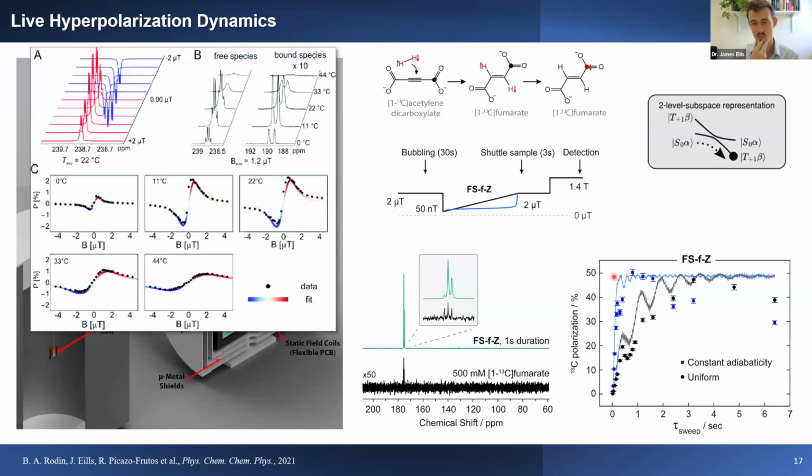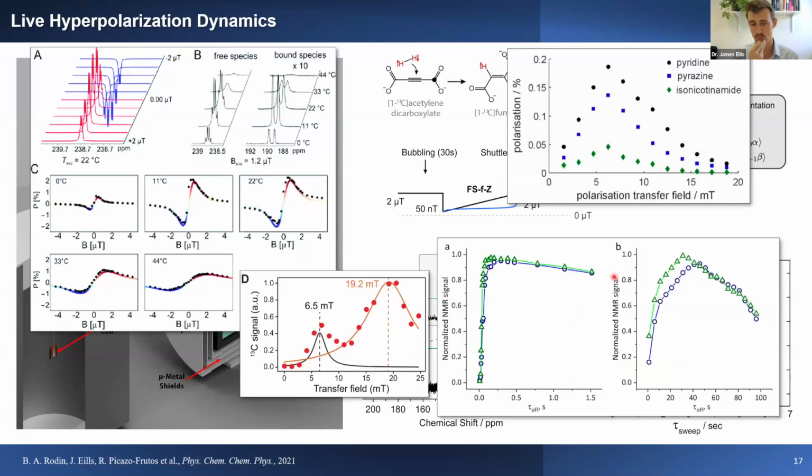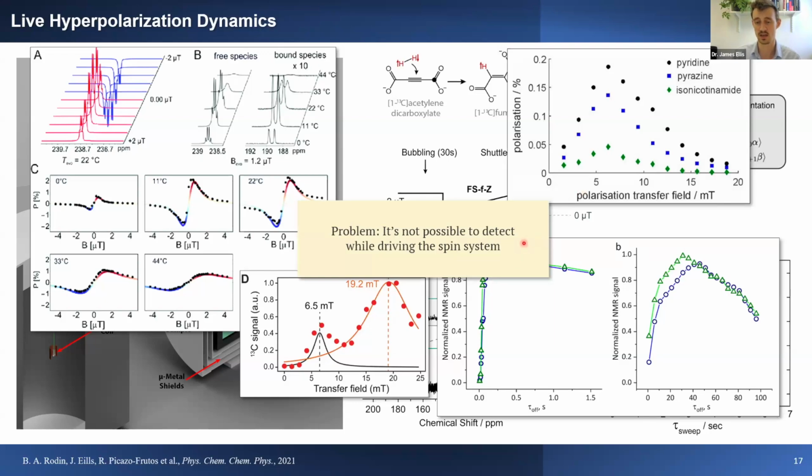One challenge is that I'm bringing up a few plots here from different papers where these magnetic field regimes are being optimized for different experiments. One problem we face is that it's not possible to detect while we're driving the spin system.